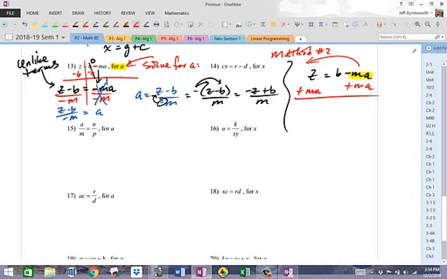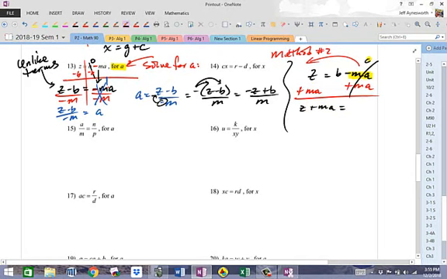If you do that, and this approach may be a little bit easier for some, you get z plus ma, which can't be combined right there, is equal to b. Now let's subtract z. So you get m times a is equal to negative z plus b. You can write it as b minus z, or you can write it as negative z plus b.